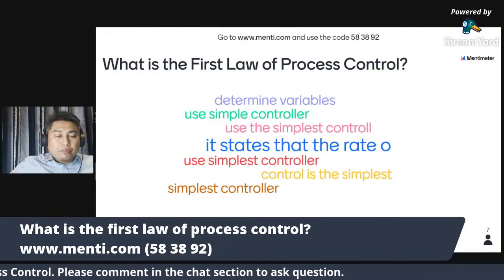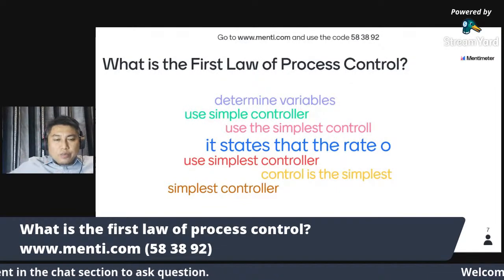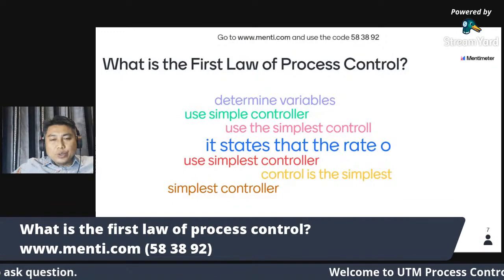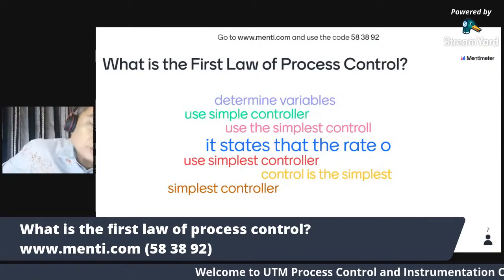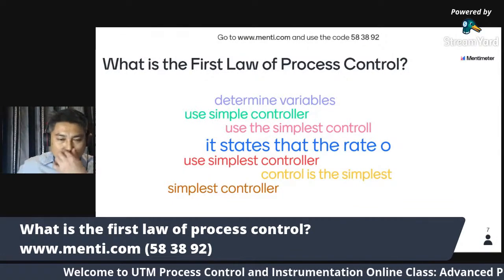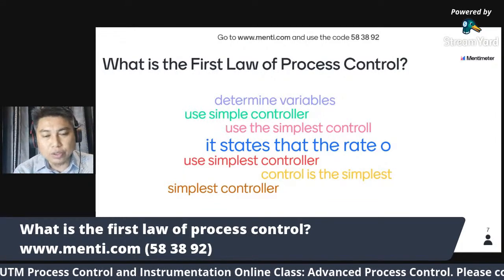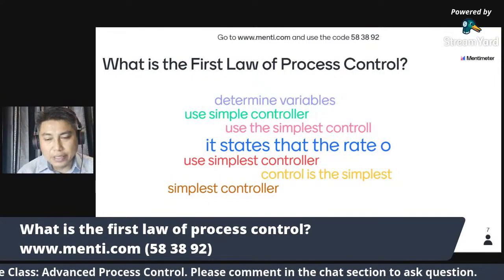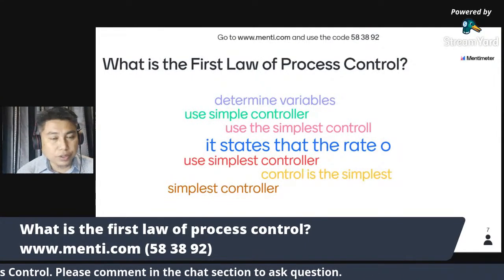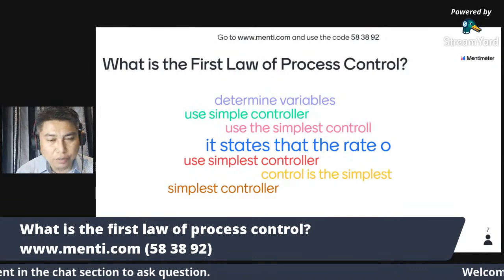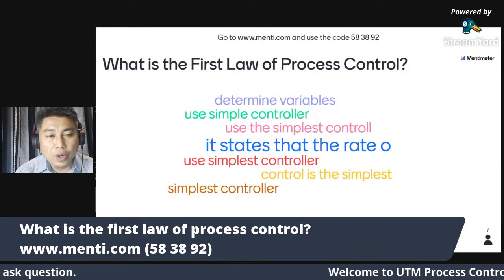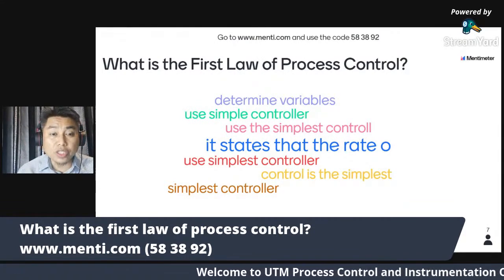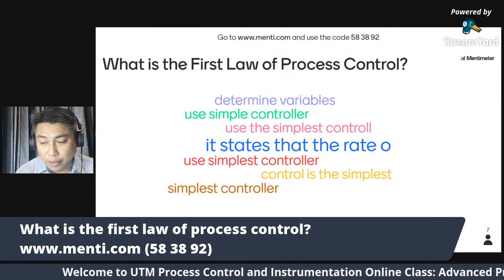The first law of process control is basically that we use the simplest automated controller that can do the job. That is the first law of process control. It depends on the control objective of that controller.